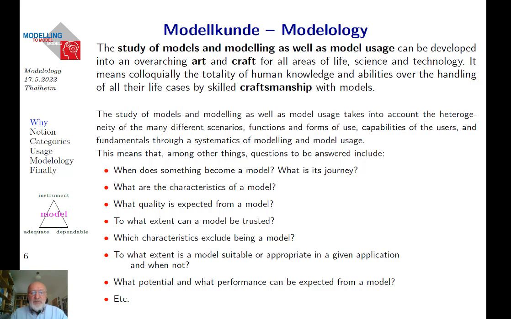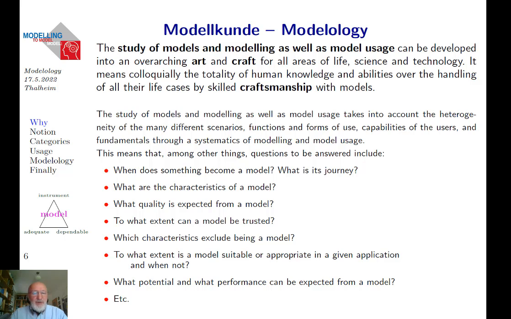We answer so far questions like, when does something become a model? Is something a model forever, or has it a journey? What are the characteristics of a model? What quality is expected from a model? What kind of trust, belief can we have in a model? What characteristics are necessary or maybe excluding a thing from being a model?